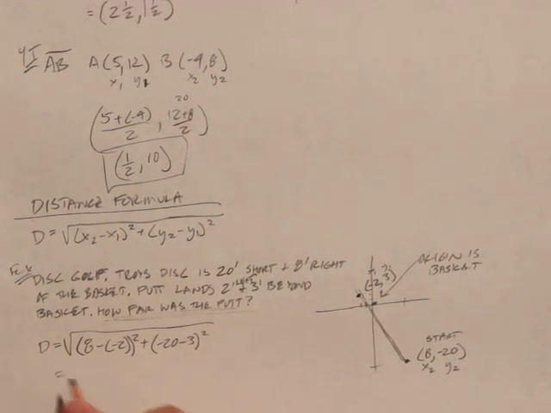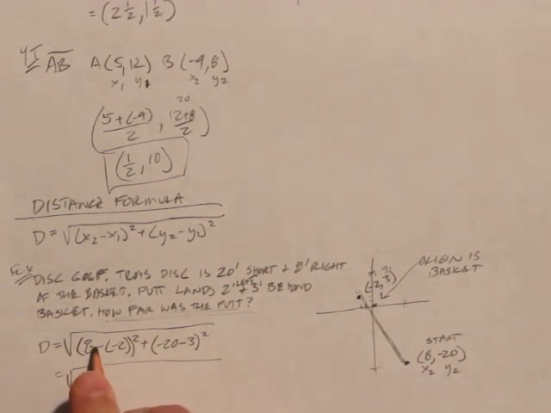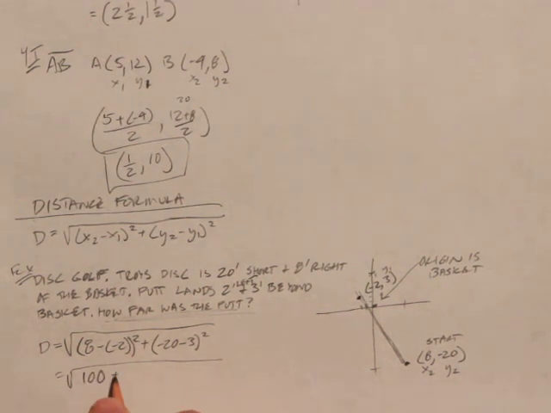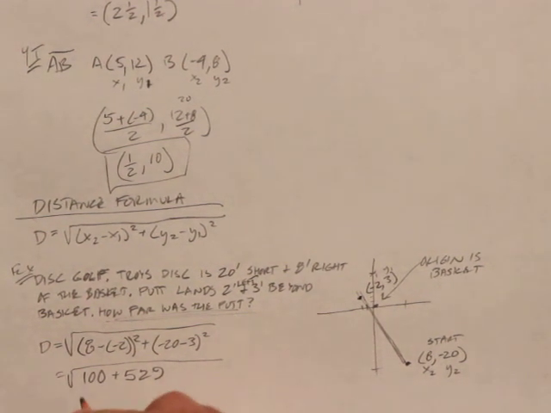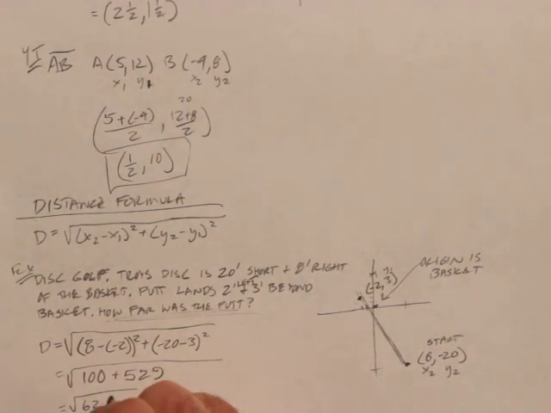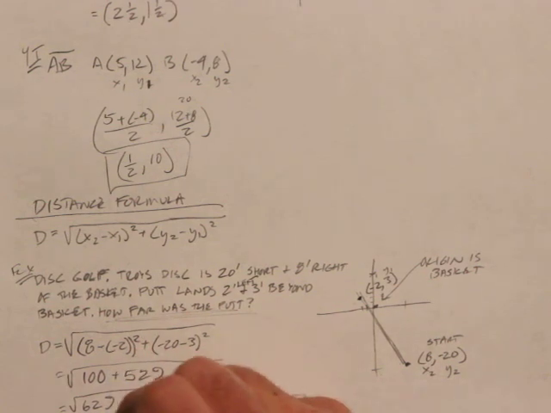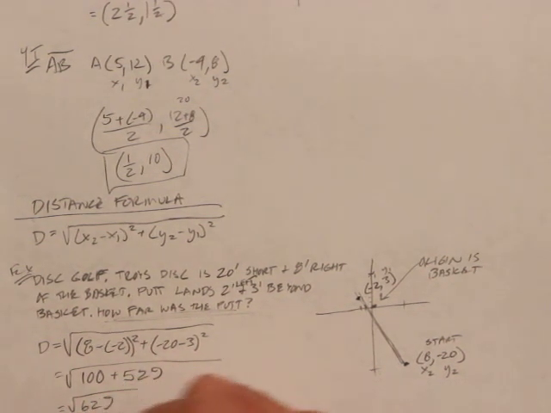All right, so let's do the inside here. 8 minus negative 2 is 10. 10 squared is 100. Plus negative 23 squared, I'll just give you that, 529. So I have the square root of 629. If you plug that into the calculator, it is approximately 25 feet.